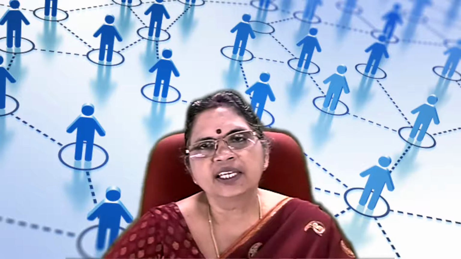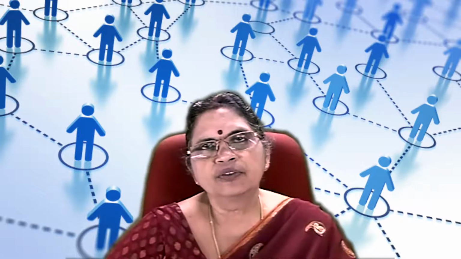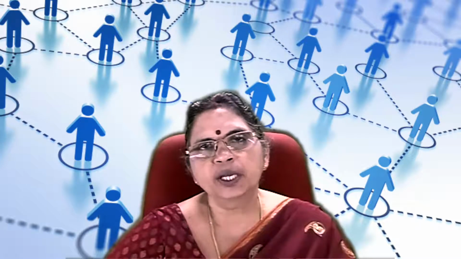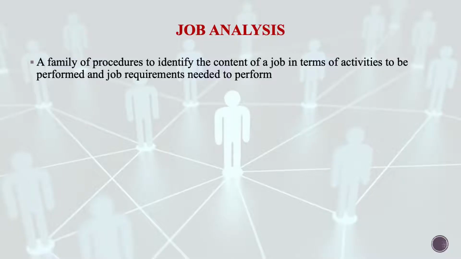So once we get an idea as to the number of people and type of people whom we might be requiring in future, then the next logical question is what is the nature of work which they will be performing. For that, the next step is what is called job analysis.